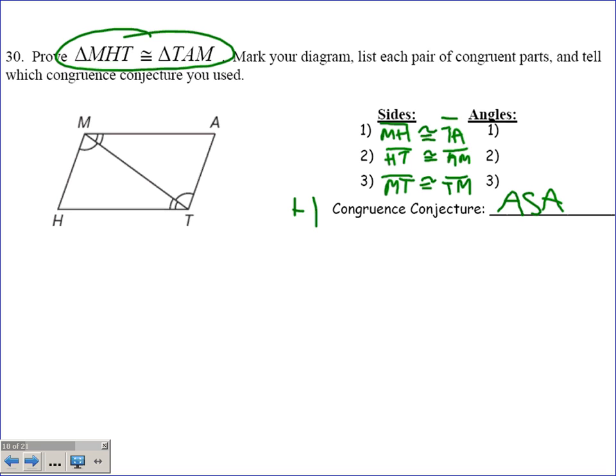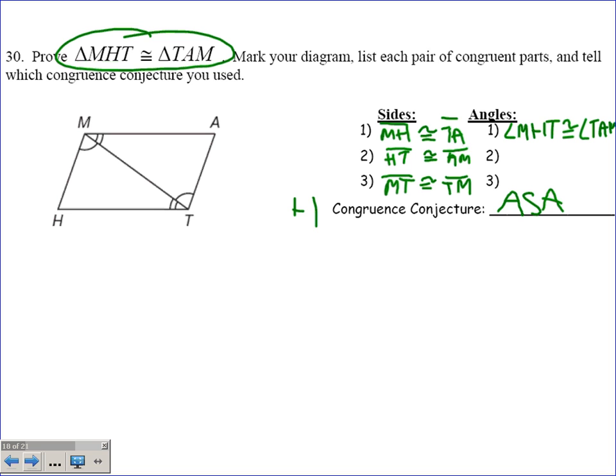Your angles you just list in order. You can't really say just angle M, because you have to say like A, M. Well, here's probably a better way to do this. Let's do it this way. List them in this order. Say angle MHT is congruent to angle TAM.